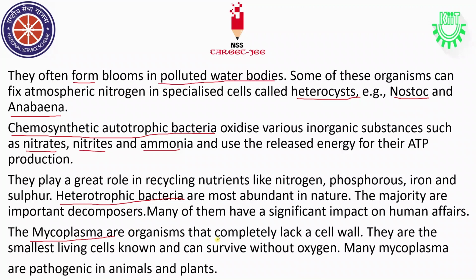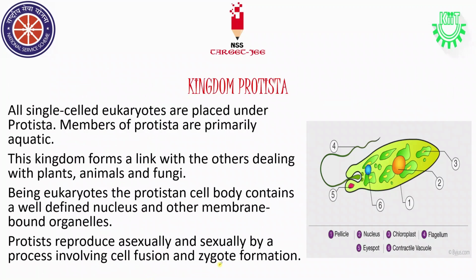Mycoplasma organisms कैसे characterize होता है? That is, they completely lack a cell wall. They are the smallest living cells known and can survive without oxygen. Many mycoplasma are pathogenic in animals and plants.